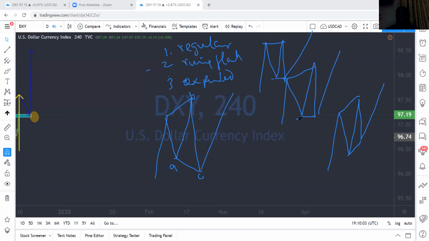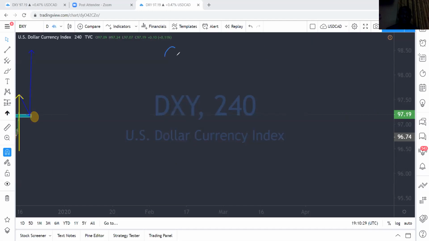We now said that this A wave must be impulse, this B wave must be a three-wave corrective structure, which is correction, and this must be impulse, before you can name this A wave, B wave, and C wave.